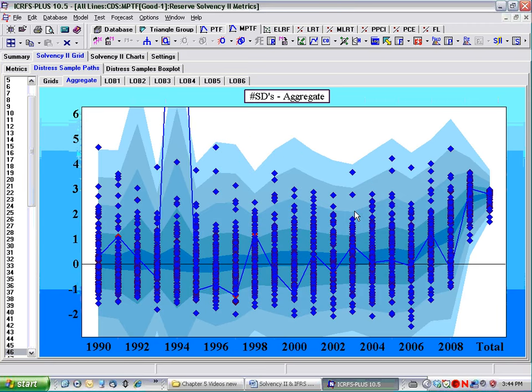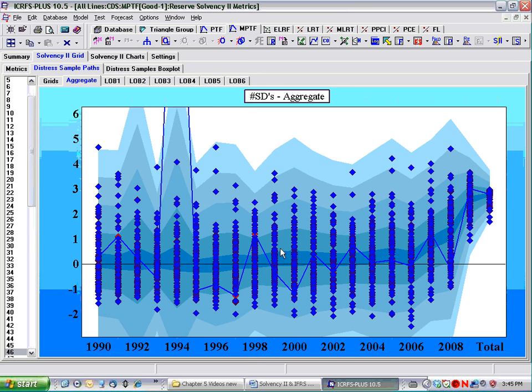So now you can see that in aggregate, the years that are really in distress are 2009, 2008, 2007, and then the other years appear a little bit more random. They're still on average above zero. You can see this sort of a valley, the blue valley.